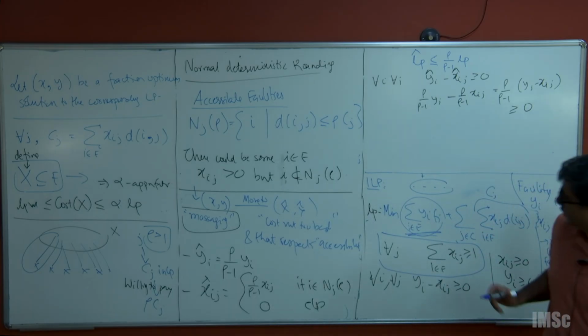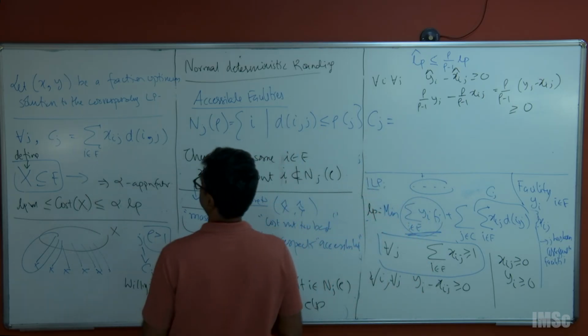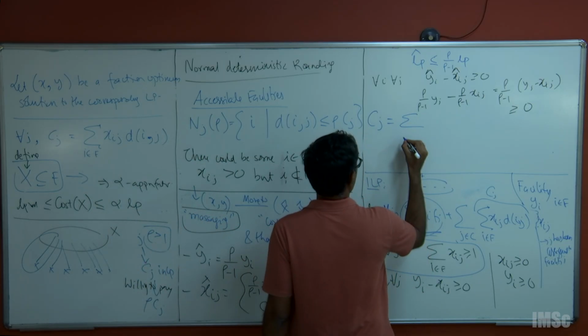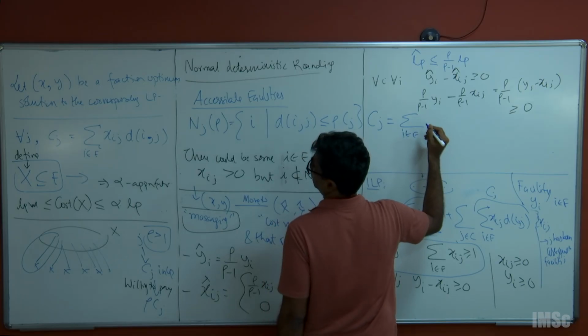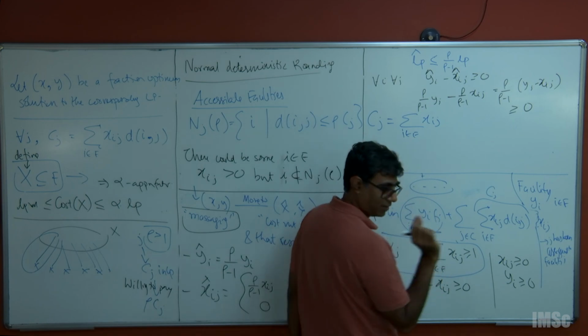Okay, so now, what is Cj? The value Cj is this quantity. Let's write it down. Summation over i in my facility, xij dij. So now I make a slight change.